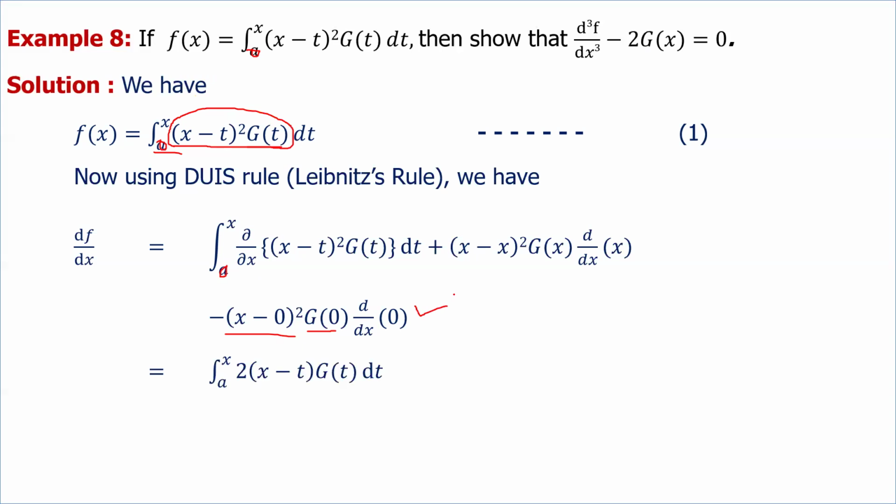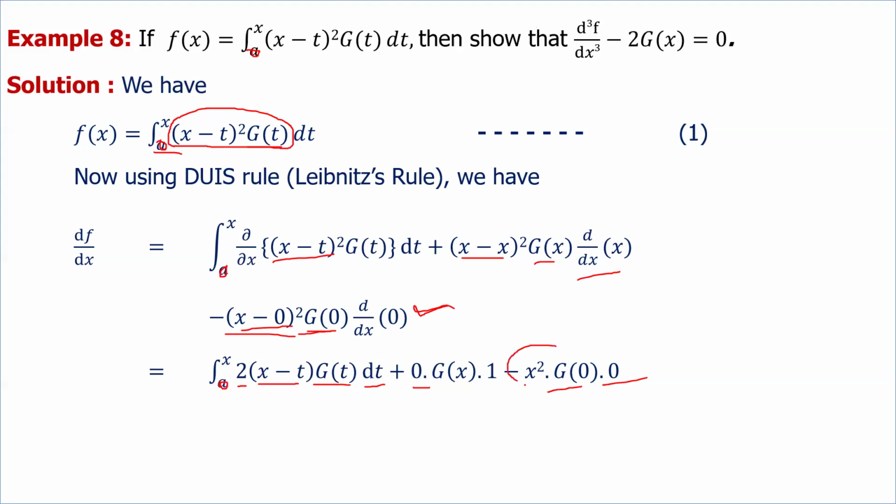Let us simplify it. This is the integral under the limit 0 to x of 2 times, since the derivative of x square is 2x, so 2 times (x minus t) g(t) dt, plus (x minus x) whole square, which is 0, times g(x) into the derivative of x, which is 1, minus x square g(0), but the derivative of 0 is 0.